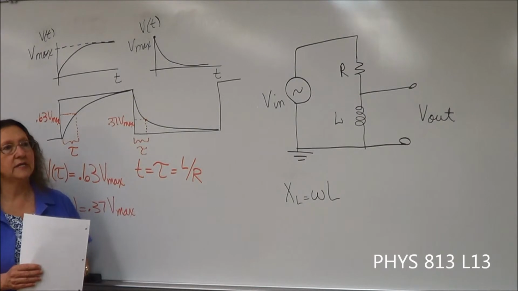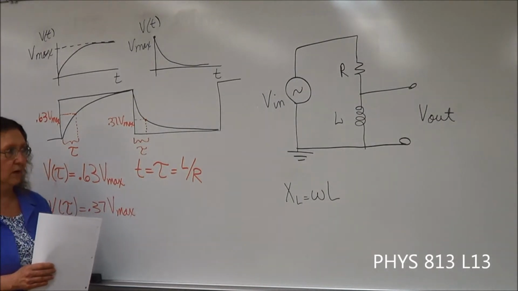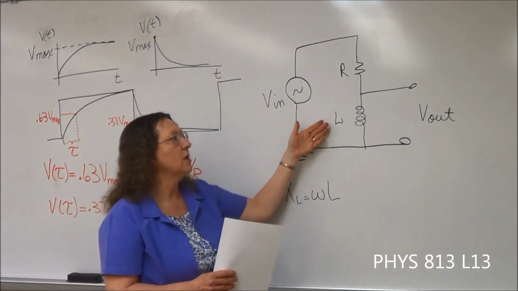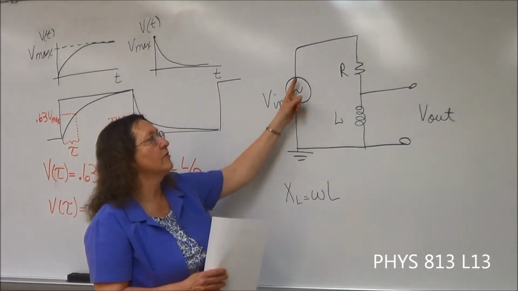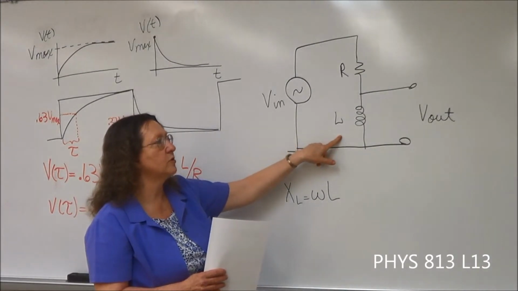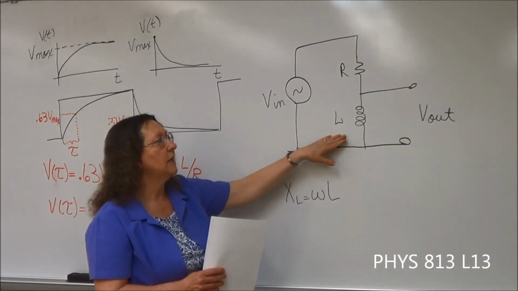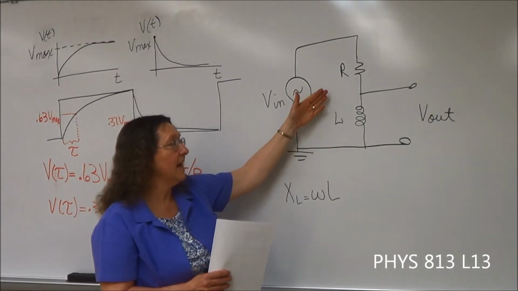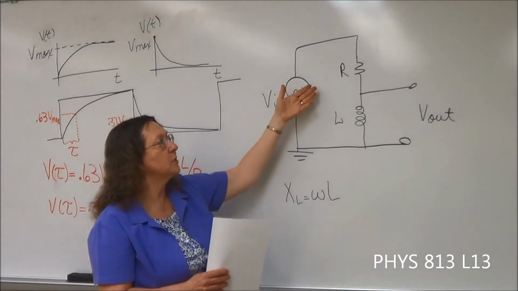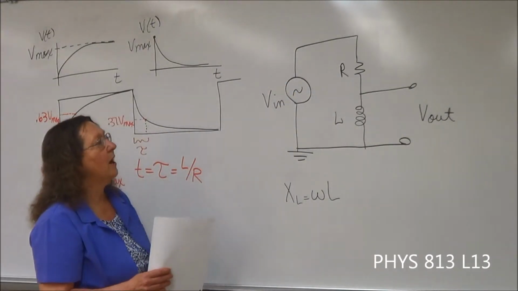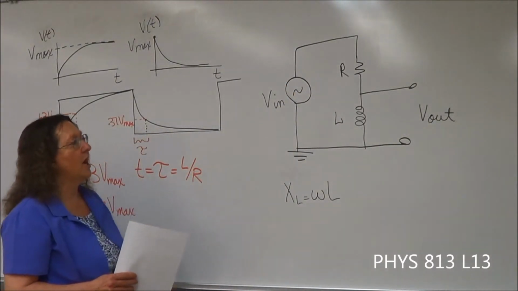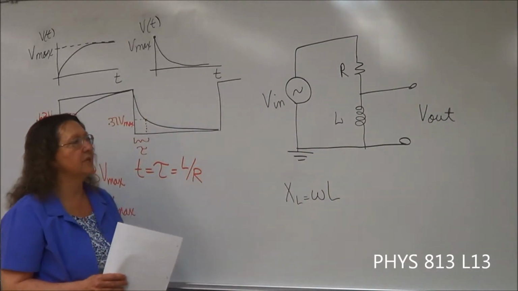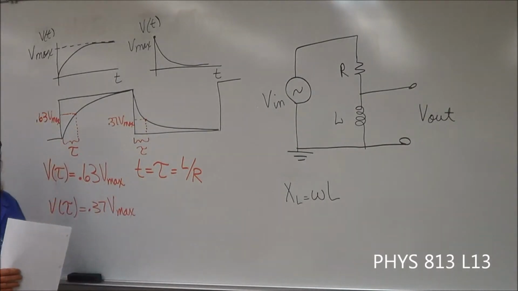And the whole idea is from Lenz's law that this inductor does not allow the current to build from 0 to its maximum value instantly. It reacts so that it tries to keep the current from building. Now, it doesn't succeed, but the current then does build from 0 to something instead of getting there instantly.